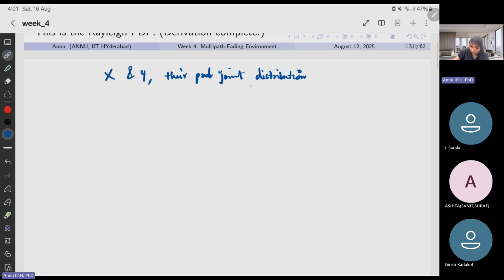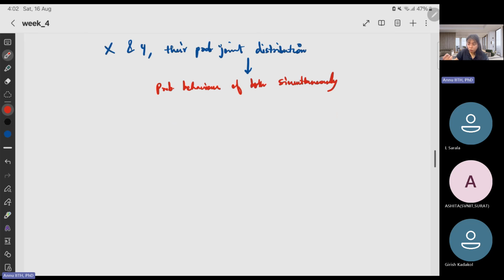It describes the probability behavior of both simultaneously. Right. So if we talk about discrete random variables, I'm telling you continuous only.